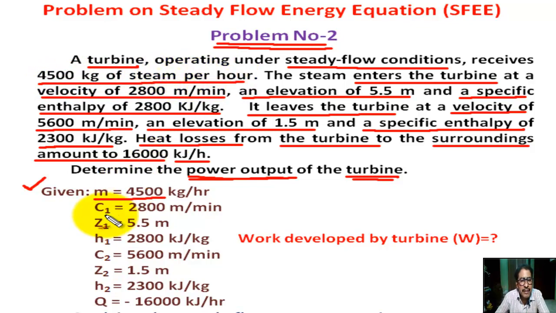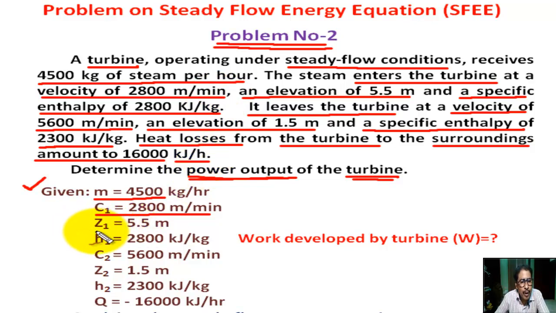C1 equal to steam velocity at the entrance to the turbine. C1 equal to 2800 meter per minute. This is entrance velocity 2800 meter per minute. Okay.